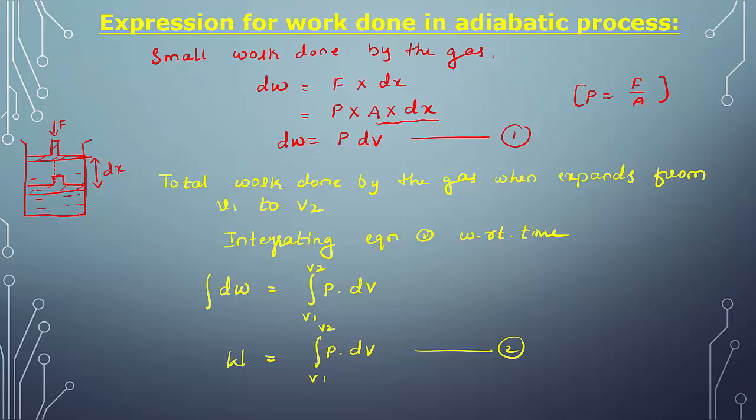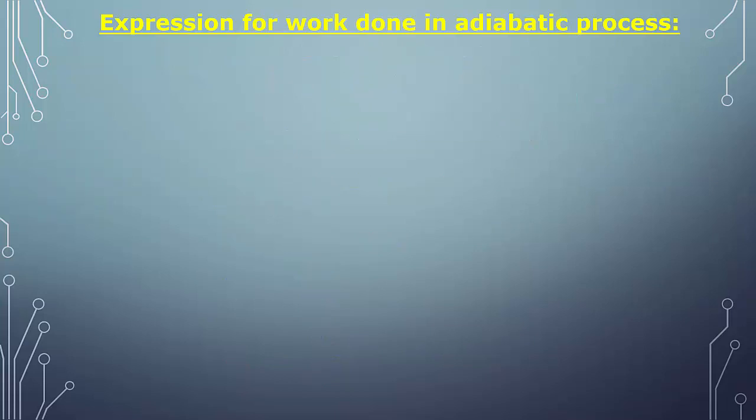So now we have to solve equation number 2 to get a total work done. So here I am going to consider an ideal gas, for 1 mole of gas. For 1 mole of gas, we have this equation: PV raised to gamma is equal to constant, that is denoted by K. So this equation I am using here, or we can write P equal to K divided by V raised to gamma.